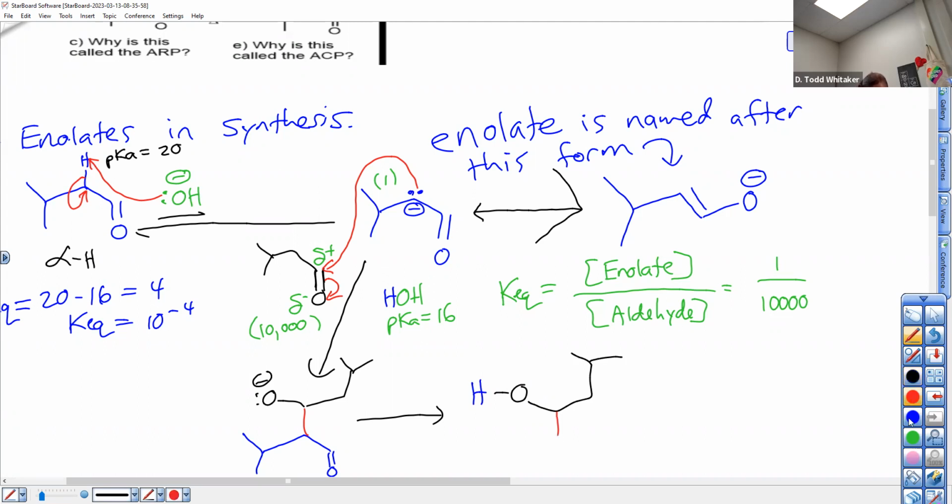Where's that proton come from? H2O. Oh, I used hydroxide at the beginning of the mechanism, and I'm making hydroxide right now. What role did hydroxide play? Catalyst. Can I write a meow for old time's sake? There you go. We had approval in the front row.